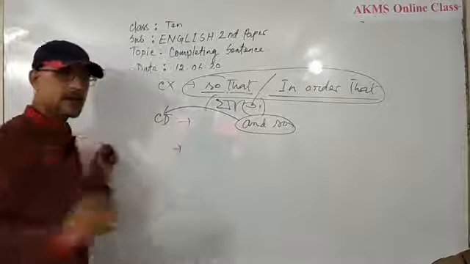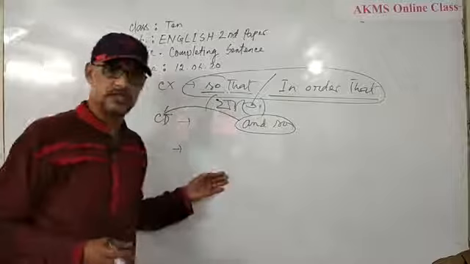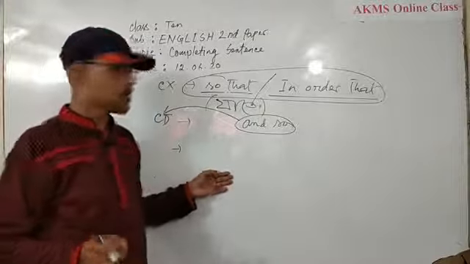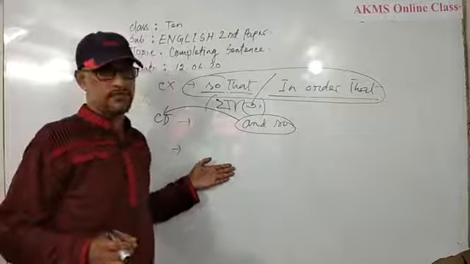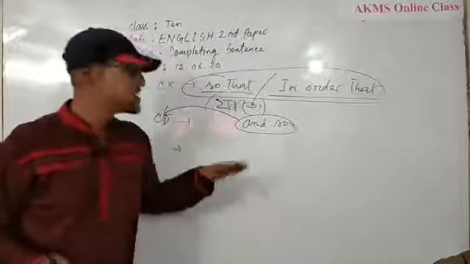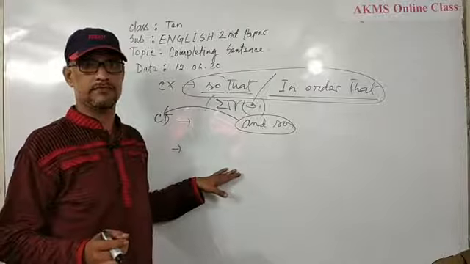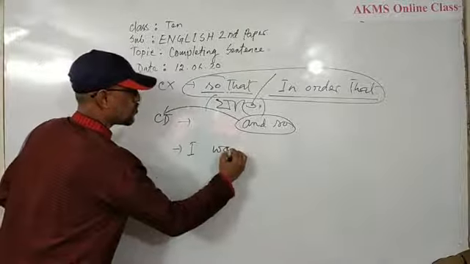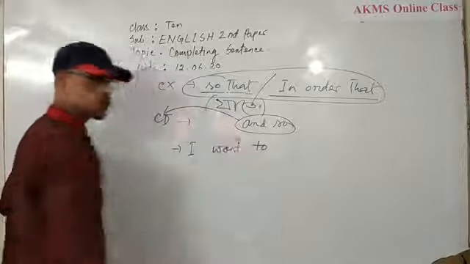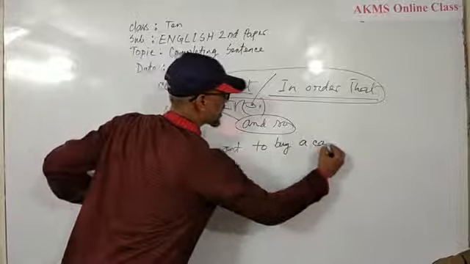Dears, look at the board. First, I will write the aim or objective of the second clause. First, I will write the aim or objective. How can you notice that the first clause is an aim or an objective? How?